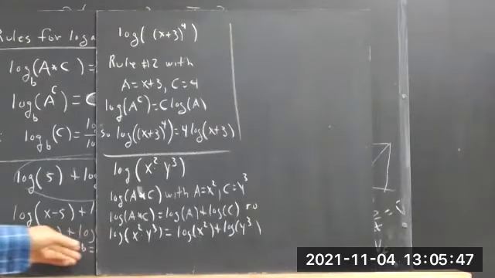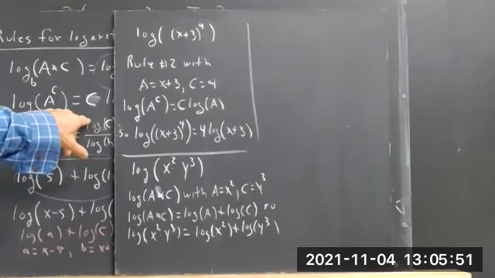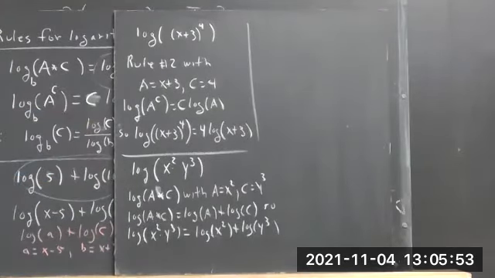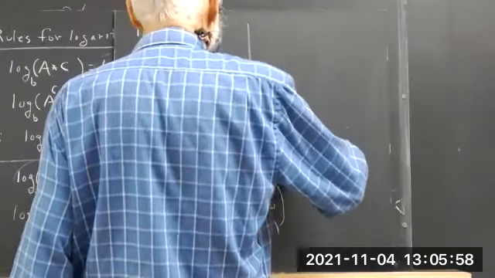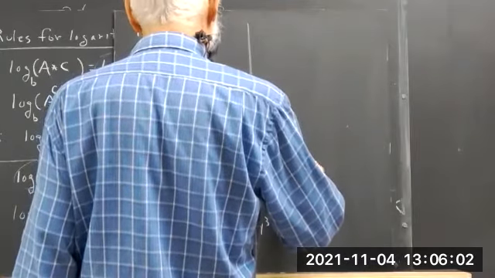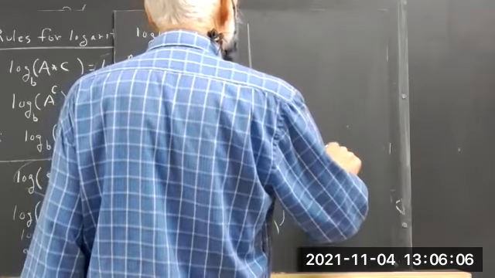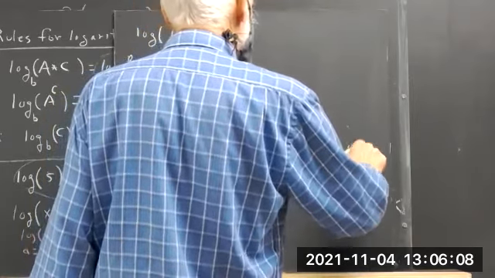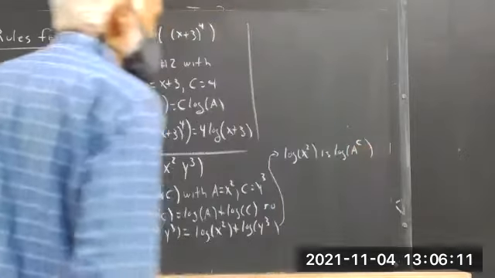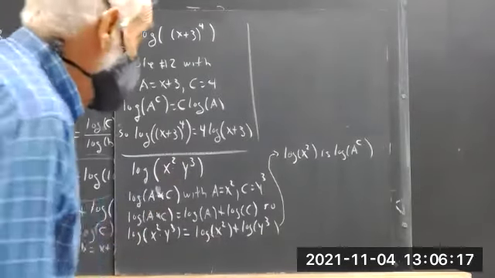And then you see, so you can apply the second rule. Okay. So put it over here. Log of x squared is a log of a to the c. Okay. Identify a and c.